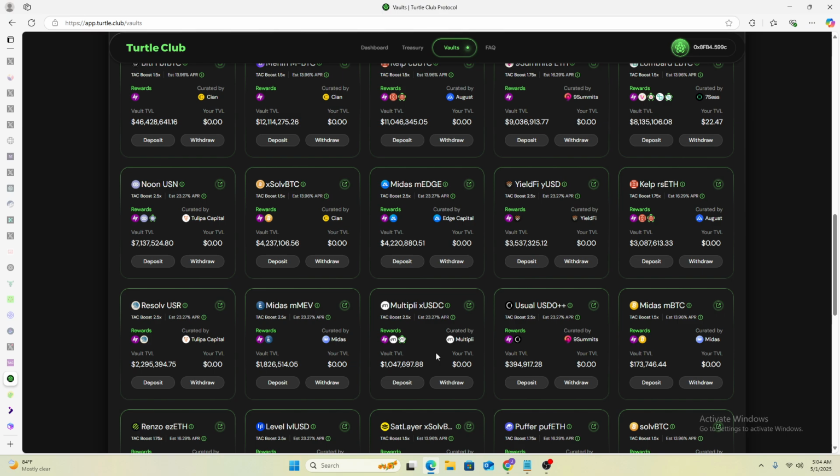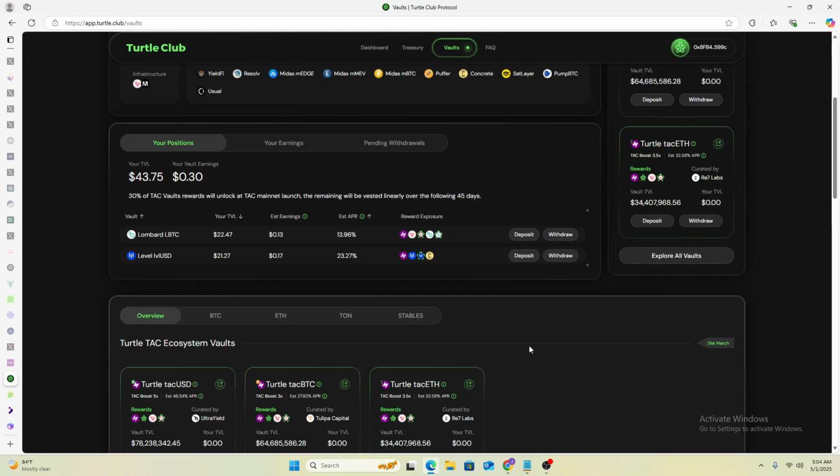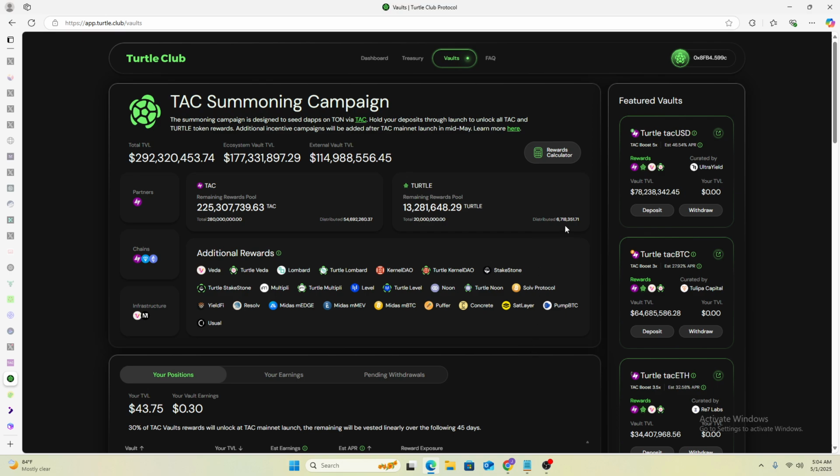Now, in the case of TAC build, TAC rewards, and Turtle, I'm not very sure. Now, interestingly, this Turtle rewards is capped, so it's soon going to be exhausted. So you want to start early.